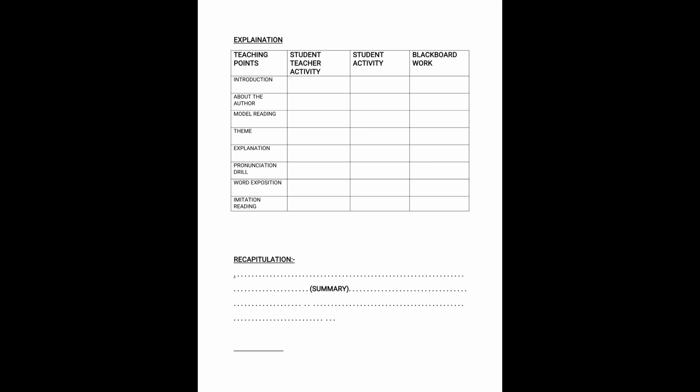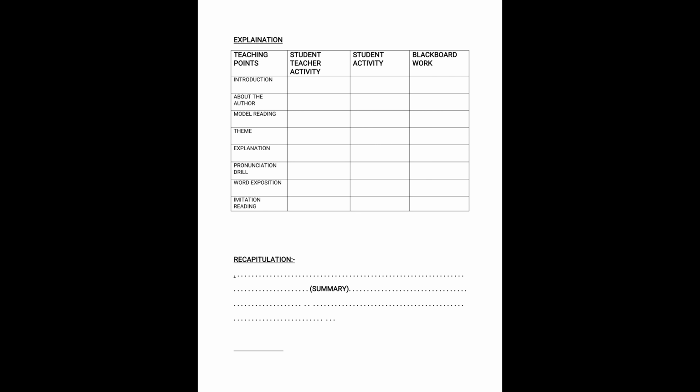Under this topic, the teacher mentions all the points and activities that he or she is going to do while teaching. For example, in English, first of all, it contains the introduction, how the student teacher will enter the class and greet the students. Then the teacher will tell the students about the author and then discuss the theme.